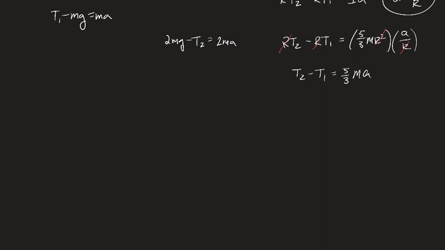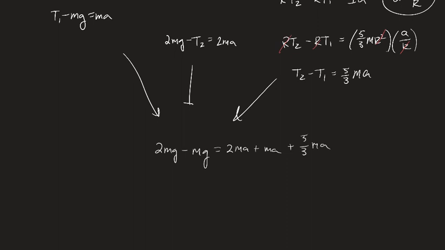That's going to be subbing all of these things in. And when we sub them all in, 2mg minus mg equals 2ma plus ma plus 5/3 ma. So mg, another award.